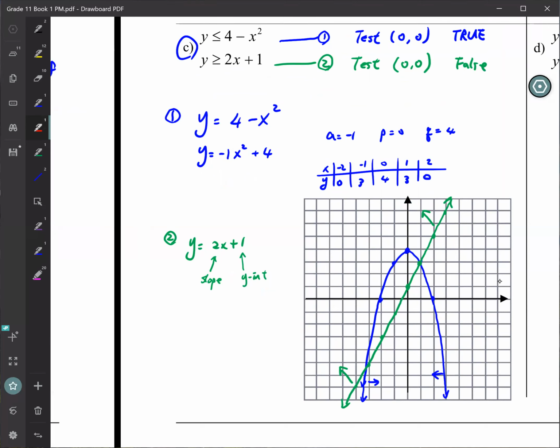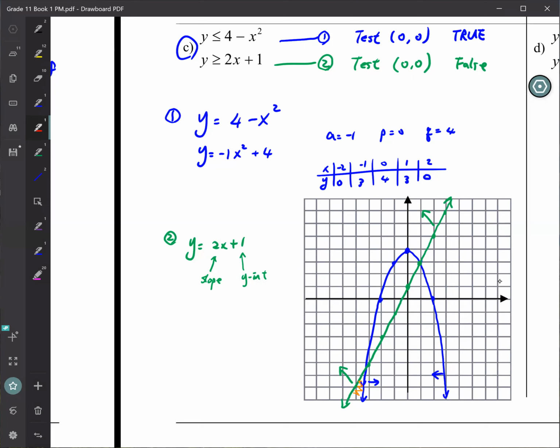Is that here? I'm waiting for it to show up. Oh, down there, the tiny little one.